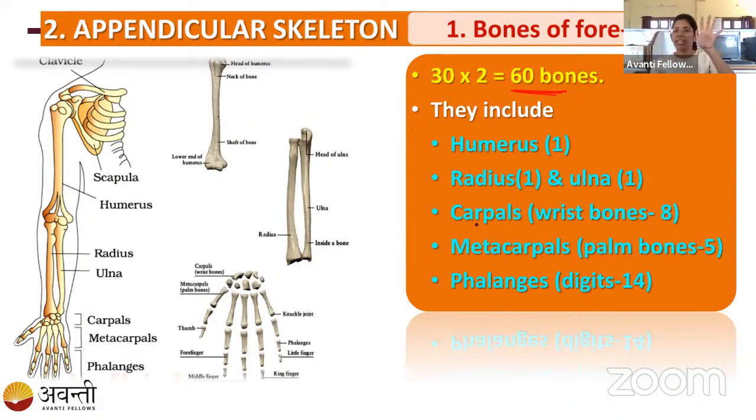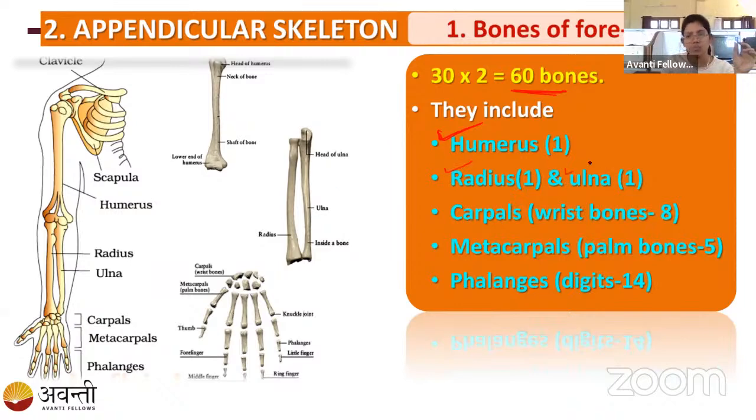Fingers are the phalanges. If we count the phalanges, each finger has three bones, 1, 2, 3, and the thumb has two. Total 14 phalanges. So how many bones does one hand contain? 30. Let me tell you again. One humerus bone, which is not silly at all. Towards our thumb, we have the radius.